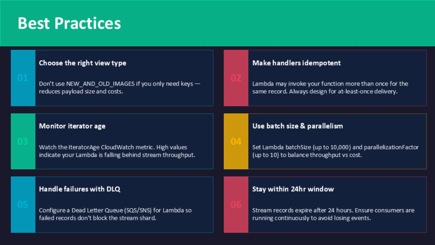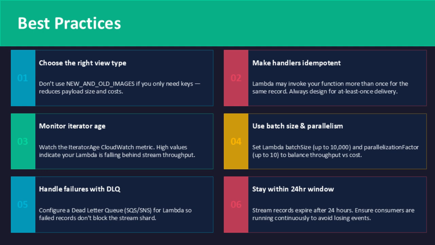You can set your Lambda's batch size up to 10,000 records and set the parallelization factor up to 10 to process multiple shards concurrently. 5. Configure a dead letter queue. If your Lambda fails after retries, those records go to an SQS queue or SNS topic, so you can investigate and reprocess them. Without a dead letter queue, failed records block the shard.